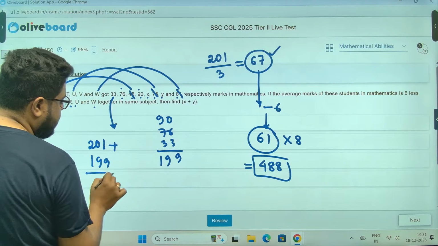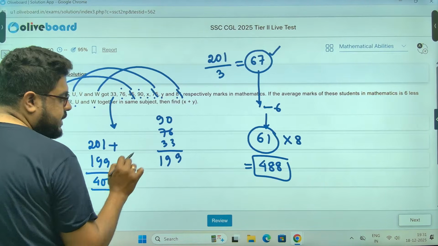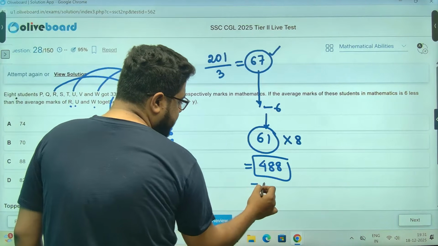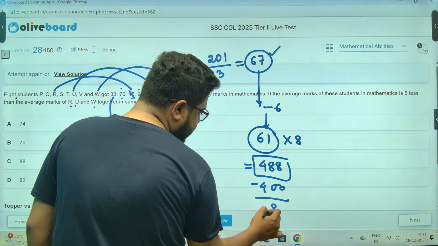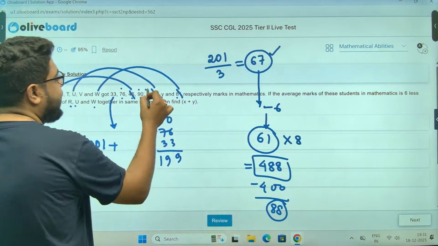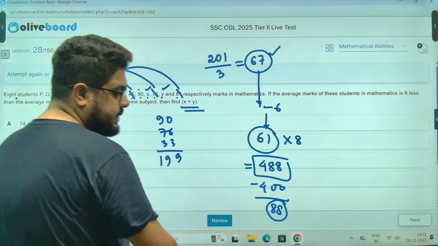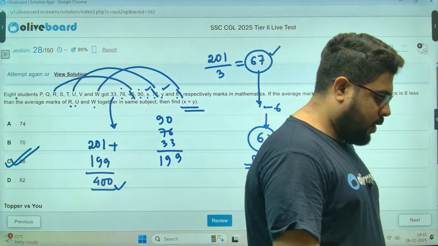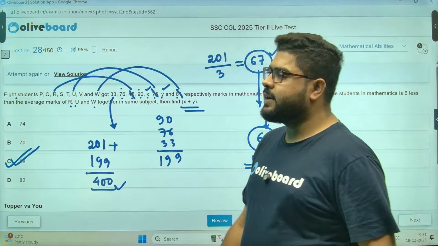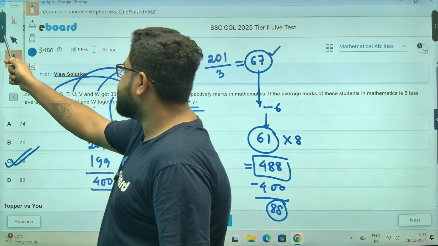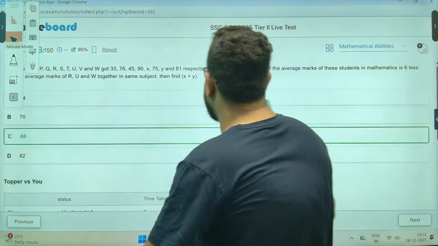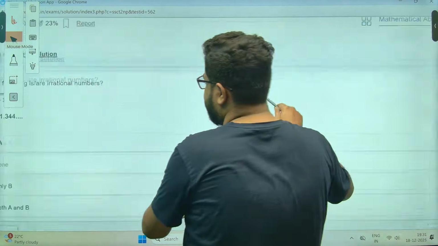So that is 400. 400 is the total. If you subtract, 88 remains. 88 is the sum of x and y, both those remaining. That's the answer. Sir, 88, option C is the correct answer. A little calculation, not much.